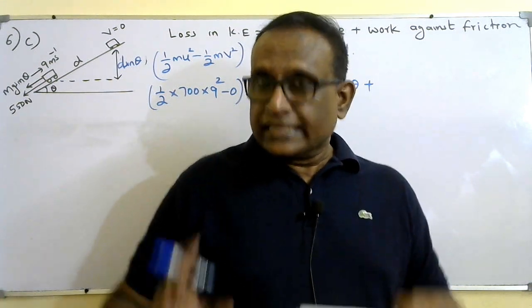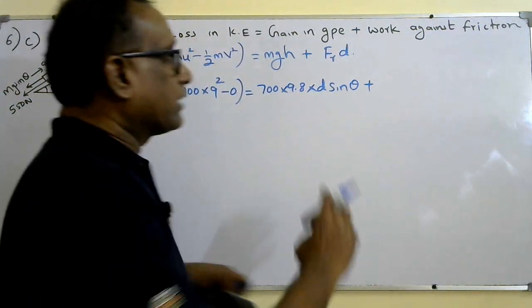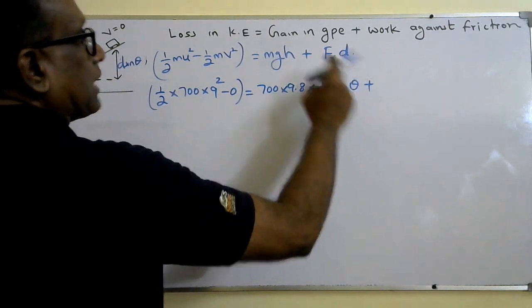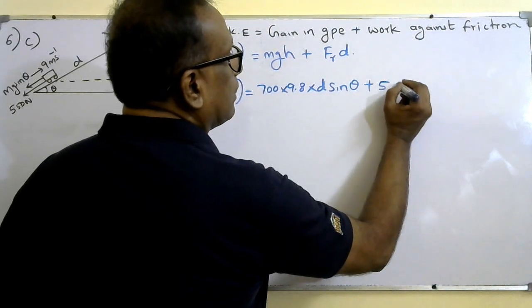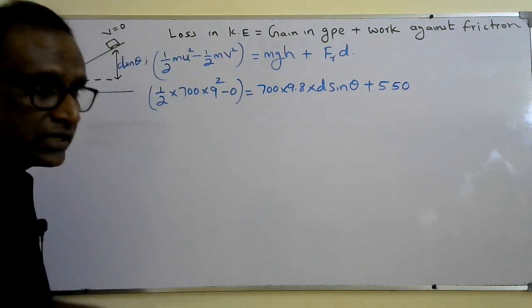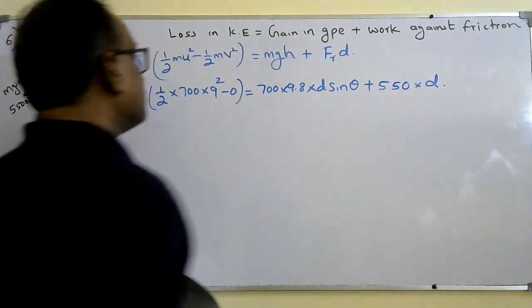The component of the weight is included in the form of gain in GP, right? So 700 into 9.8 d sine theta plus work done against friction, 550, the friction. We include only the non-gravitational forces when we talk about work done against friction: 550 into d. That's all.